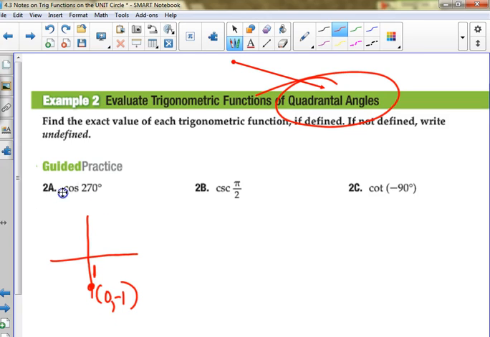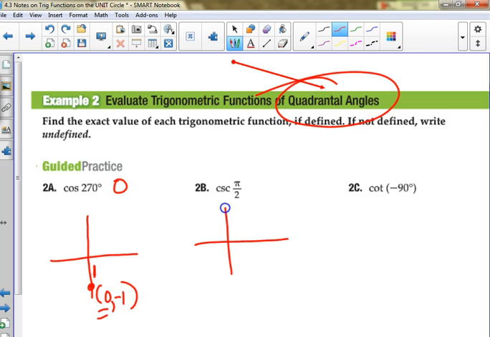Okay, so cosine is x, y, what is it? They're alphabetical order, guys. Cosine, sine, x, y. So cosine is x. So this is x over r. The radius is just 1. So it's 0 over 1, or just 0. You can just use x, the ordered pair, the x right here.